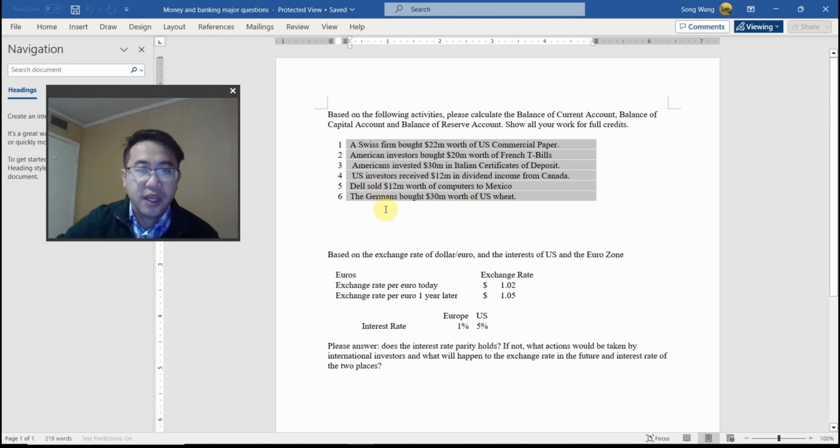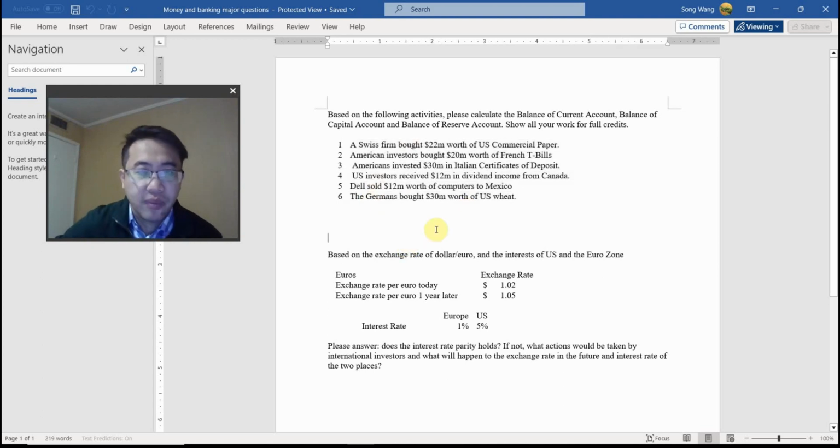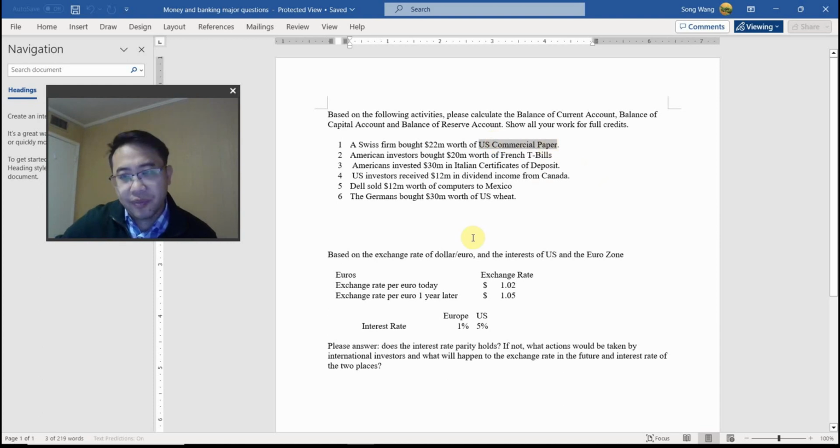So if you look at the first activity, a Swiss firm bought 22 million worth of U.S. commercial paper. Okay, U.S. commercial paper is not some kind of a trade commodity. It's actually a financial security. It's an investment. You can trade commercial paper like a stock in the short run.